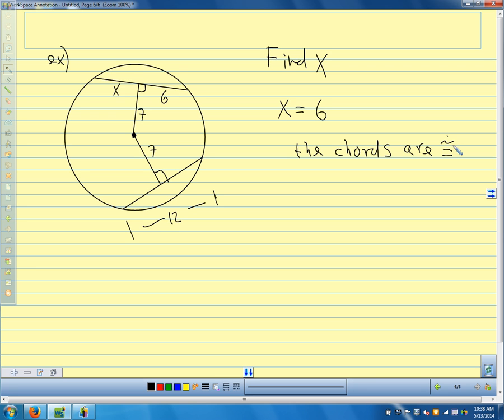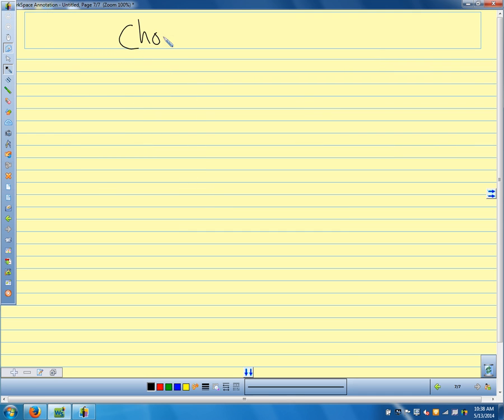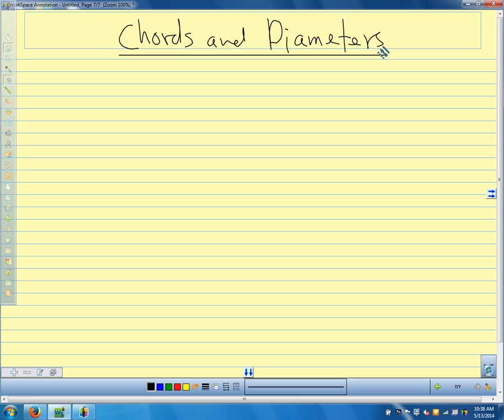All right, last idea that we need to talk about for today is how the chords are related to diameters, chords and diameters, or chords and radii. Kind of a lot of information, but it's really only a couple of big ideas. Big ideas so far are that the chords, the arcs, and the central angles are all related.